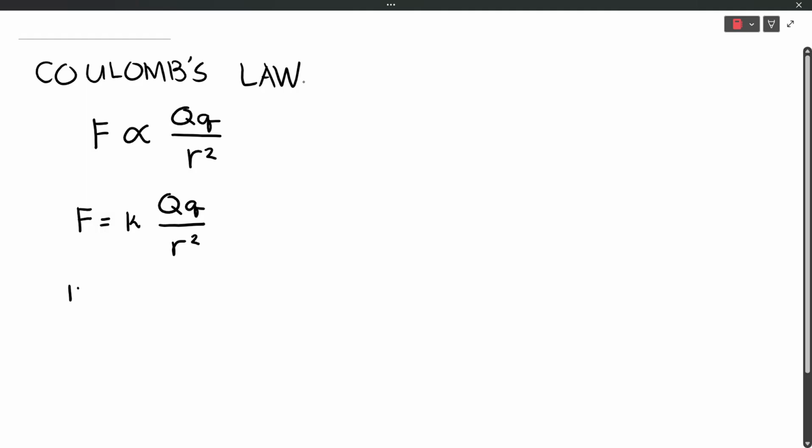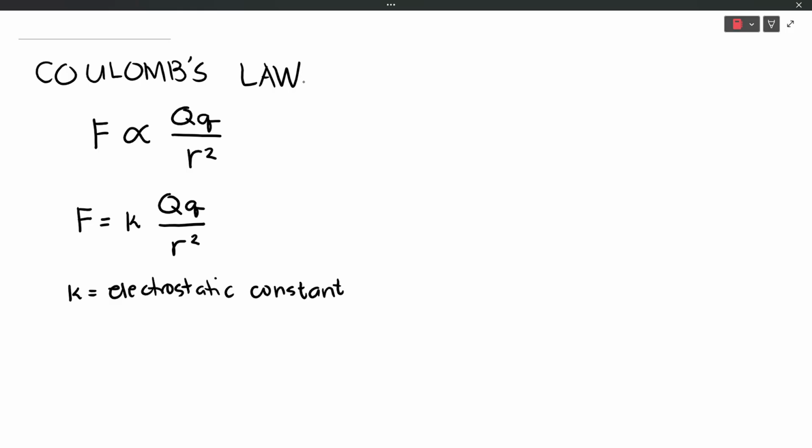Now K, just like what they've said, is the electrostatic constant. And what is this electrostatic constant? Ang electrostatic constant, of course, it's a constant value. Ano ba ang value ng electrostatic constant? K is actually equal to 1 over 4 times pi times epsilon naught.